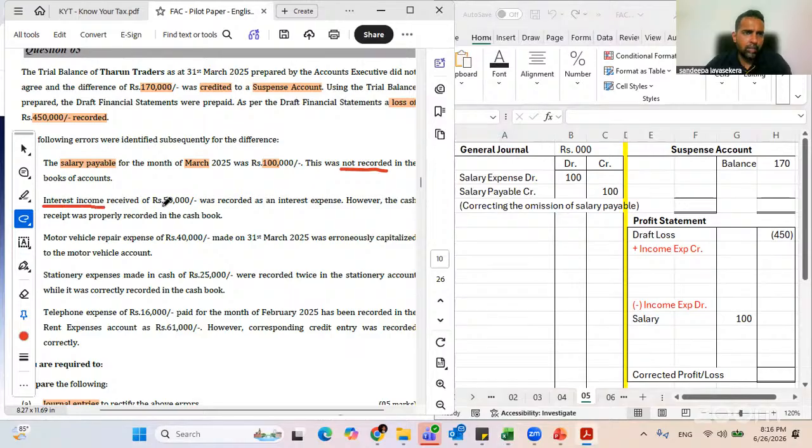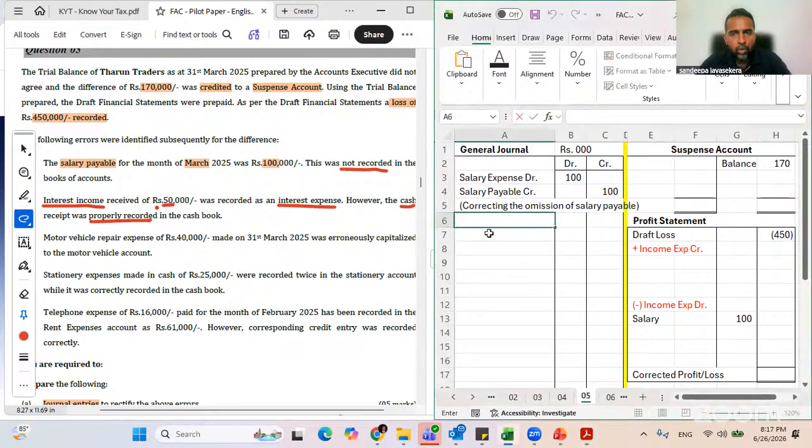Interest income 50 was recorded as interest expense. However, the cash was properly recorded. So interest income they have put as an interest expense. So ideally you need to record the interest income. No? So the correct entry should have been interest income credit 50. Now what they have done is they have put that as an interest expense.